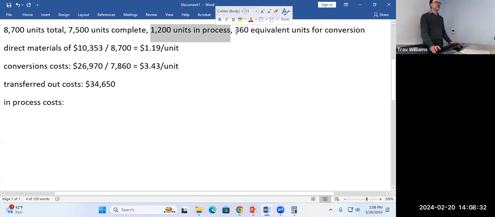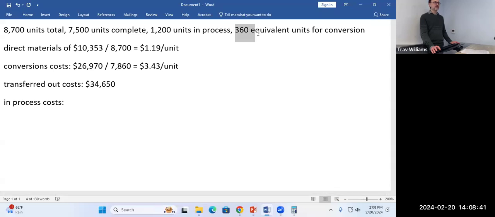For conversion purposes, because they're only 30% complete, we have 360 units in process in terms of conversion. So what we have to do is multiply each of those separately by the corresponding costs. So we'll take 1,200 units of materials in process times $1.19.